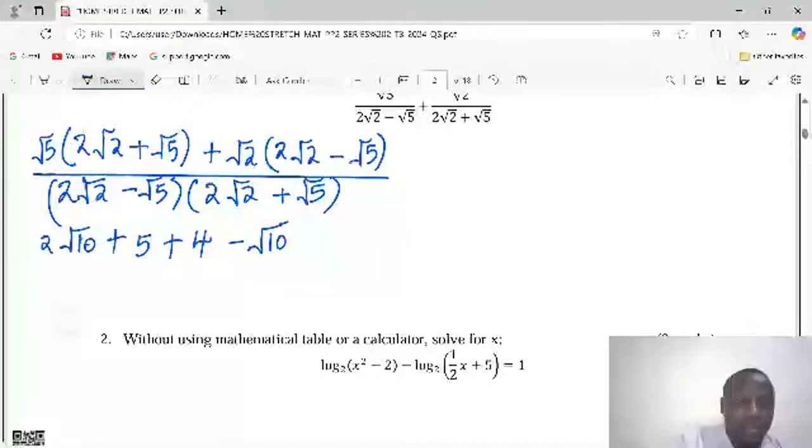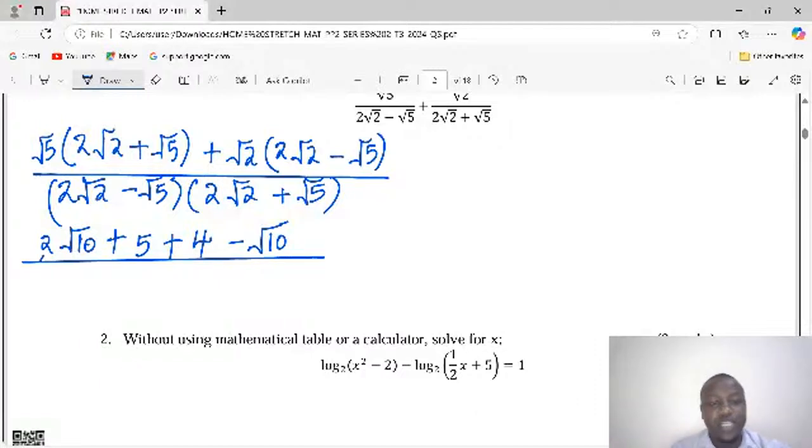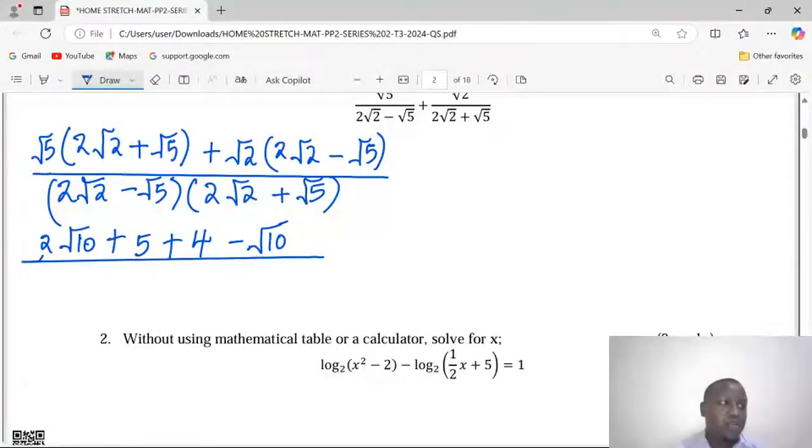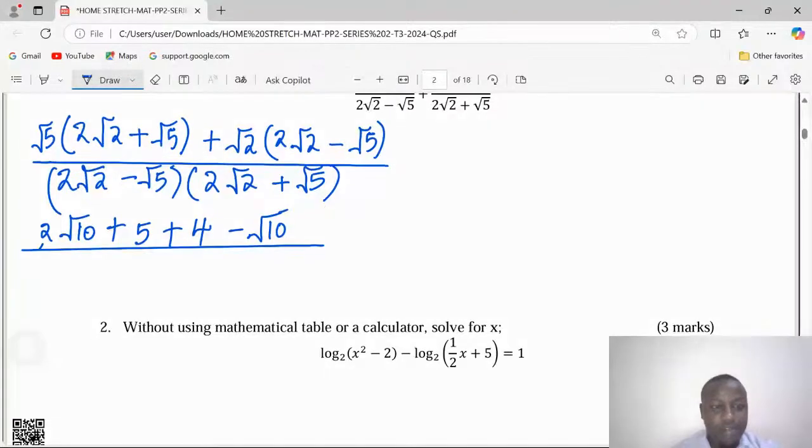Then we divide this by the denominator. On the LCM, we're supposed to know that when a surd is being multiplied by its own conjugate, it's like a difference of 2 squares which has been factorized. So a difference of 2 squares which has been factorized can be expanded, and it will give us the square of the first part minus the square of the second part.